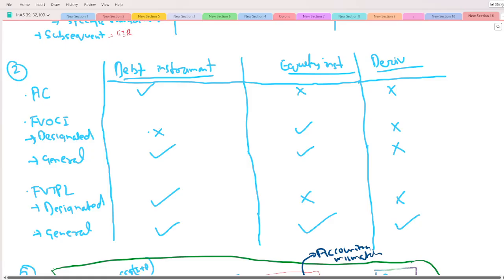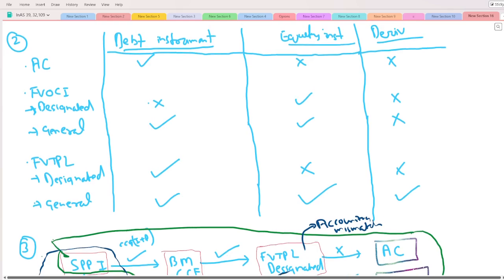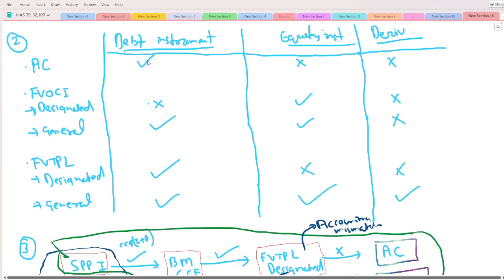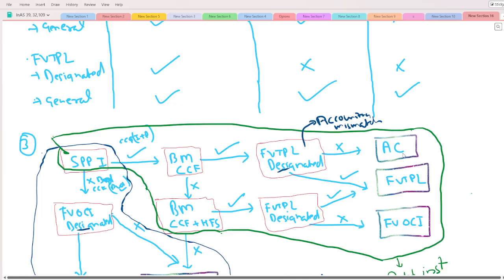So this picture I presented in another way. A debt instrument normally can be classified under the amortized cost, under the FVOCI general category, and then the FVTPL, where both designated and general are there. So here the amortized cost, FVTPL and the FVOCI are coming. In the FVTPL it is coming through the exception, that is through the designation, correct?